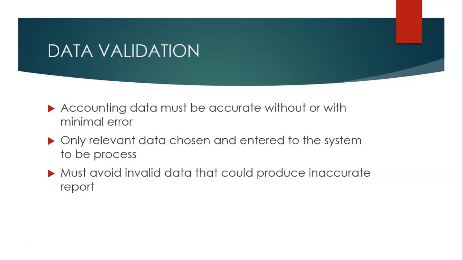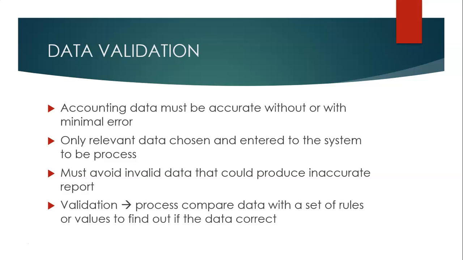So we actually have a feature in Excel to help us ensure that only accurate or correct data is entered into the system, so that we have correct data to be processed, and any invalid data should be avoided in that database, because any invalid data in our database will produce an inaccurate report.